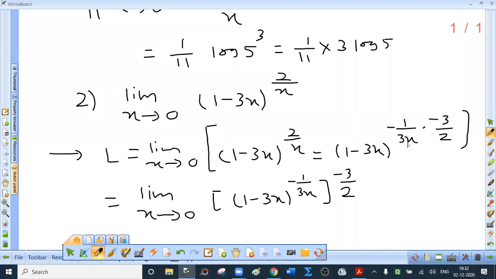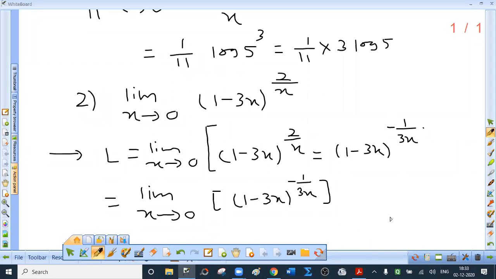To get the original index, which is 2 by x, I made a mistake here, 2 is in the numerator, not in the denominator. We must obtain the original index, right? So this is required.